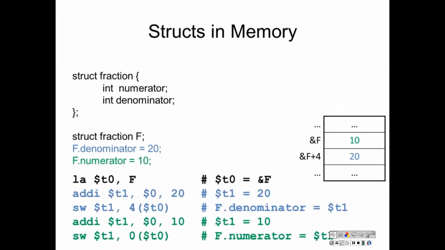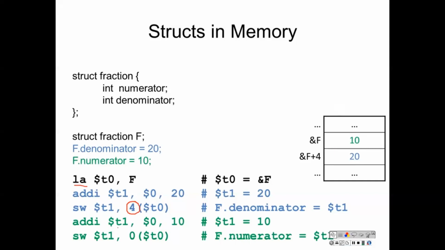In the MIPS assembly, this will be equivalent to having these instructions. Load address to T0 of f. So T0 is the base address of f. Initialize a register T1 to be 20. And then store the value of 20, thus initializing the denominator field of f to be 20.